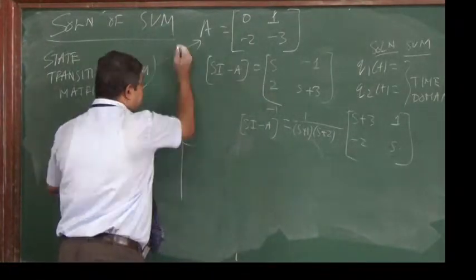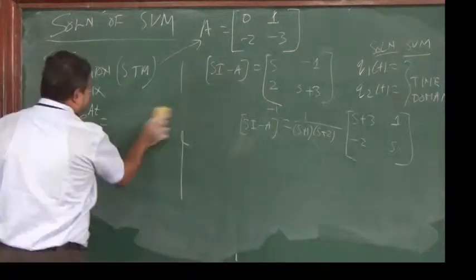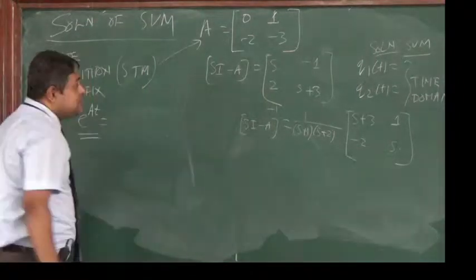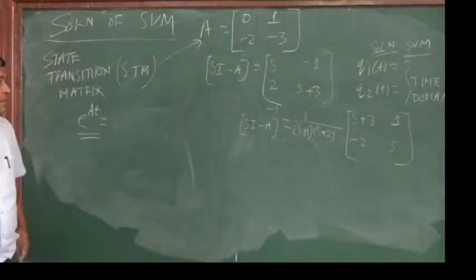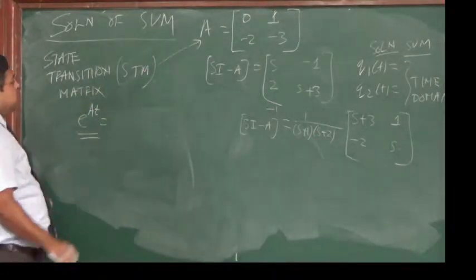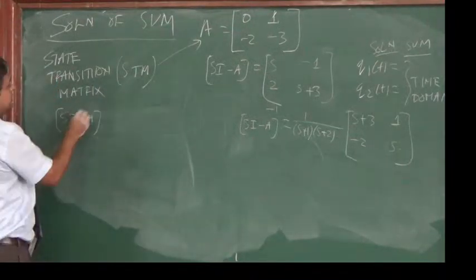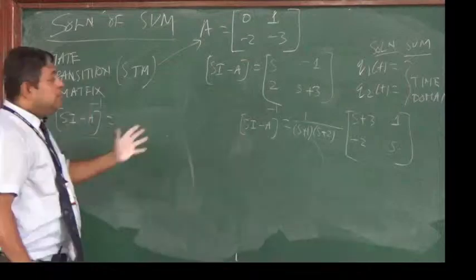And how to find e raised to At? e raised to At, or the state transition matrix, is nothing but the inverse Laplace transform of (sI minus A) inverse. Let us first streamline (sI minus A) inverse. Now let us just multiply these two.